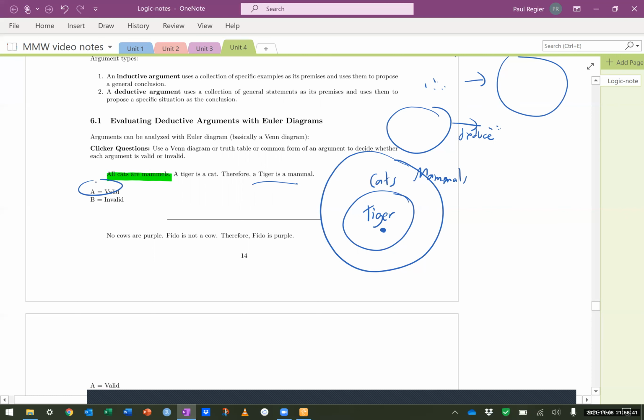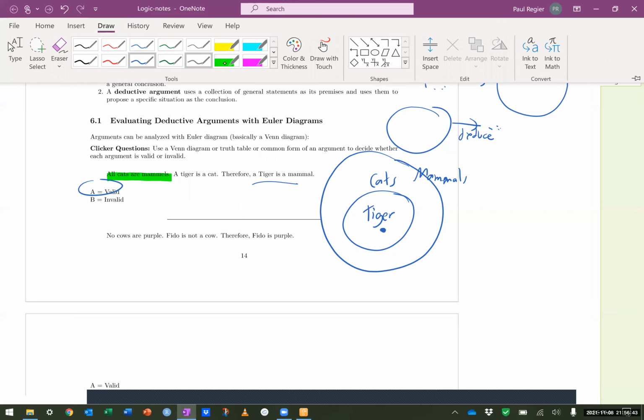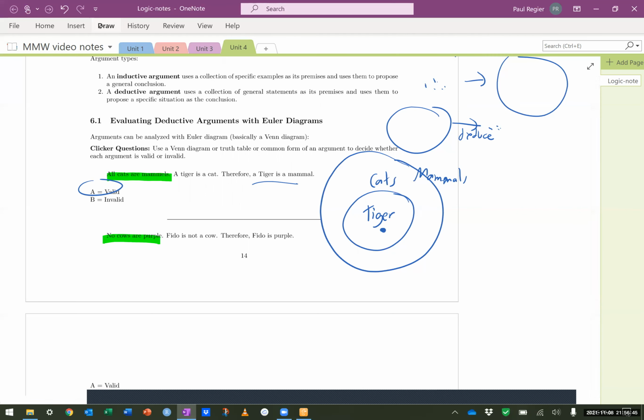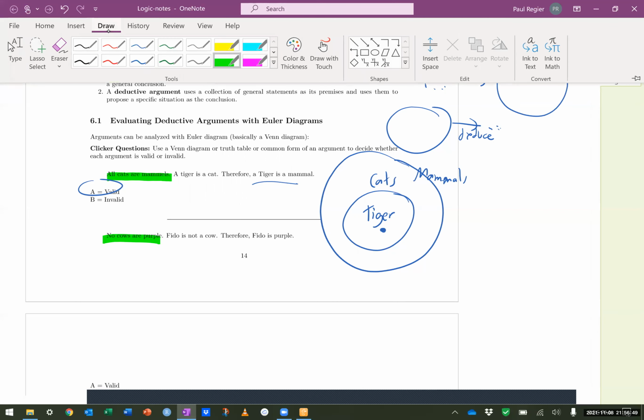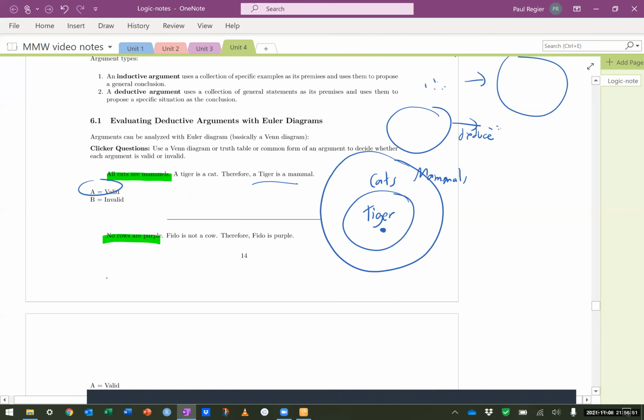Or what about no cows are purple? How can we use that information? You could say, here's the cows. And here are the things that are purple. None of the cows are purple.